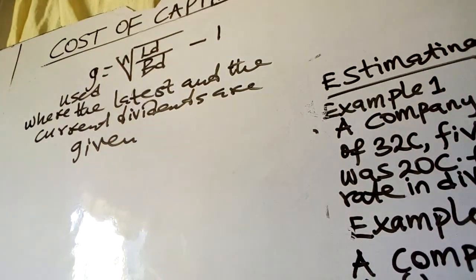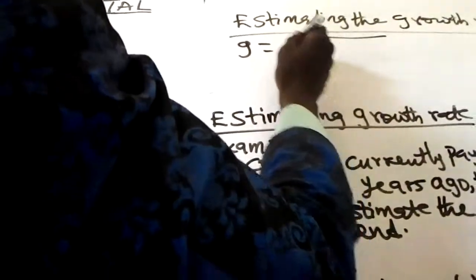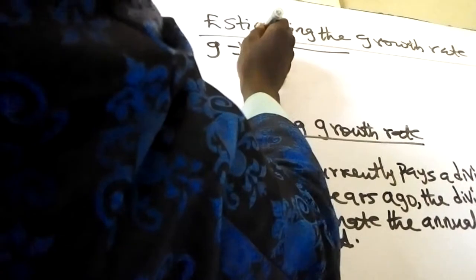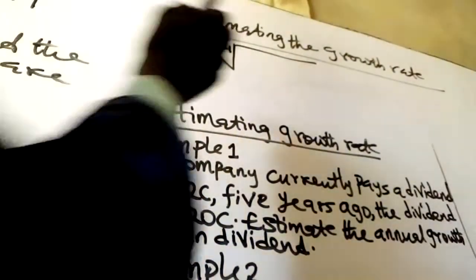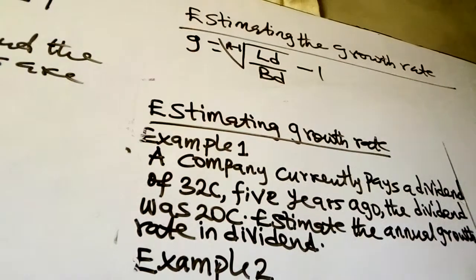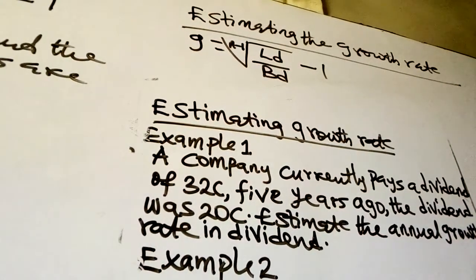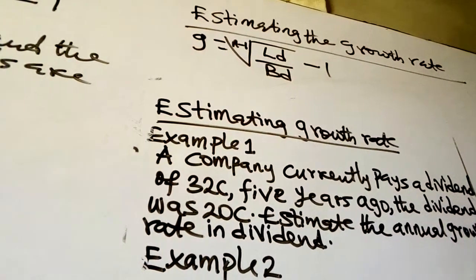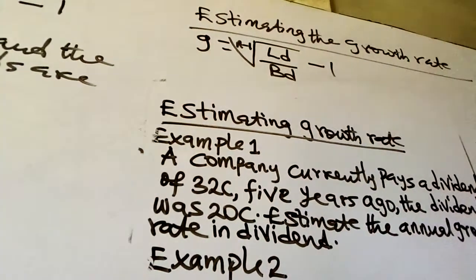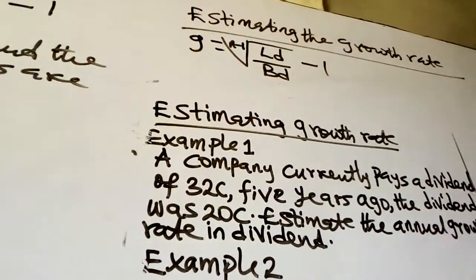Then another one is this. Growth rate equals the n minus 1th root of the latest dividend over the base dividend, minus 1.